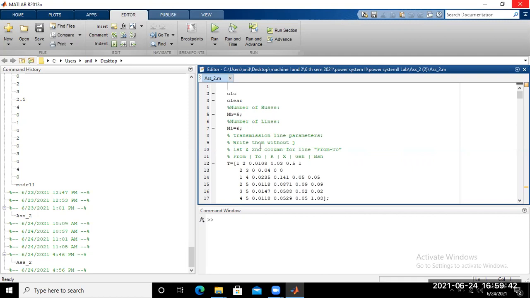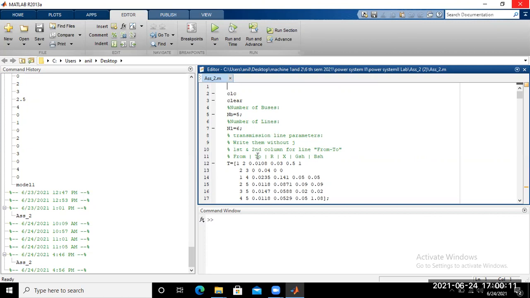It is resistance plus jX, where R is the resistance and X is the reactance. In MATLAB, you write the transmission line parameters without the j, only the resistance and reactance values. Is it clear?